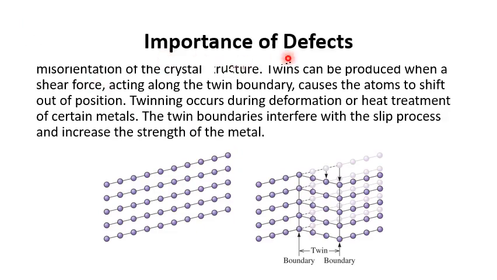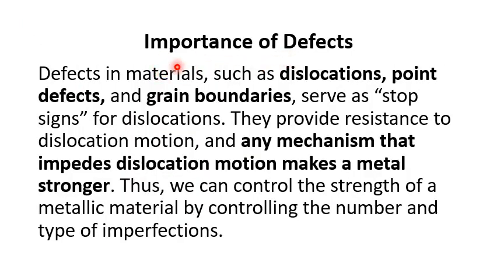At this point, we went through the most important defects in metallic solids, including dislocations, point defects, grain boundaries, and others. Now we need to know the importance of these defects.